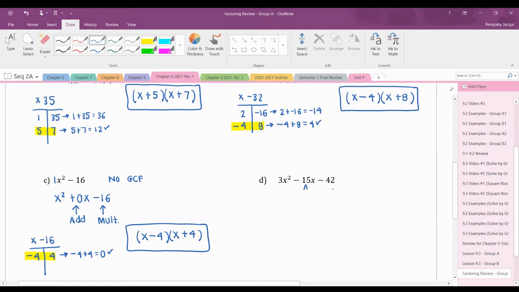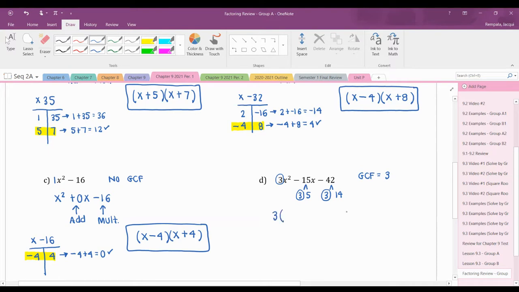If I break these down, 3 times 5 is going to get me 15, and 3 times 14 will get me 42. So notice that they do all have a number in common. That means we have a GCF. Because that last term doesn't have a variable, I don't have an x that they all have in common. So looks like 3 is the GCF.